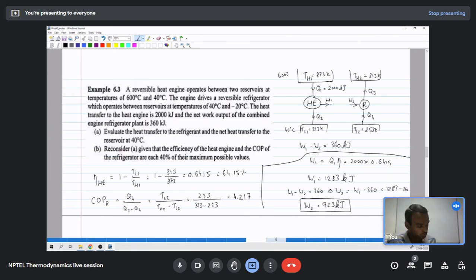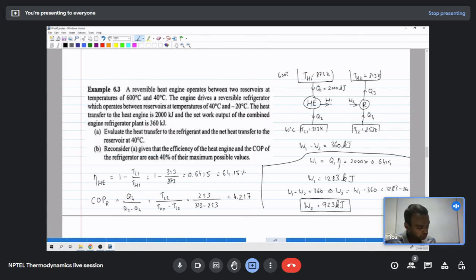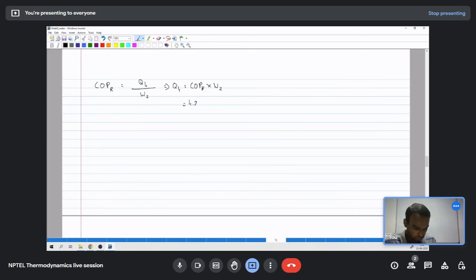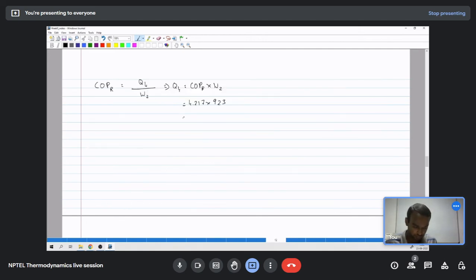That means Q4 is COP of the refrigeration system into W2, which is 4.217 into 923, which is 3892.3 kilojoules.